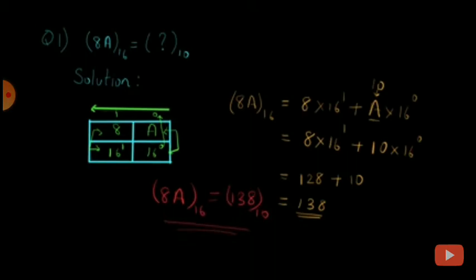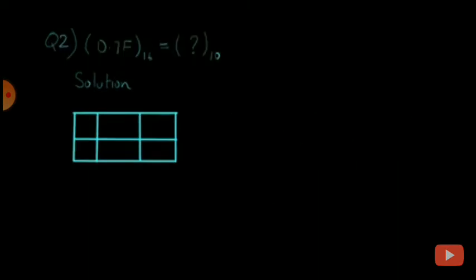Now let's see the second question. Okay, so in this question we have a fraction value. So we are interested in the fractional part. So first write down the question in the table as I have drawn. 0.7F. Now in this case we assign positional values starting from left to right of the decimal point.